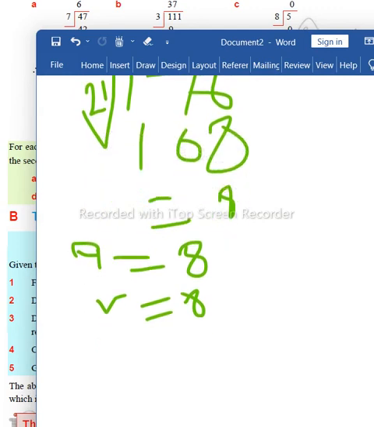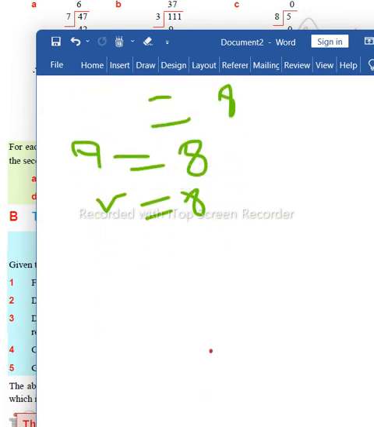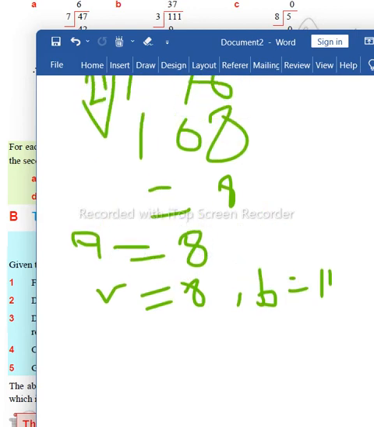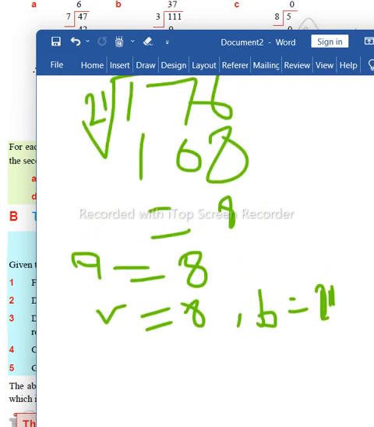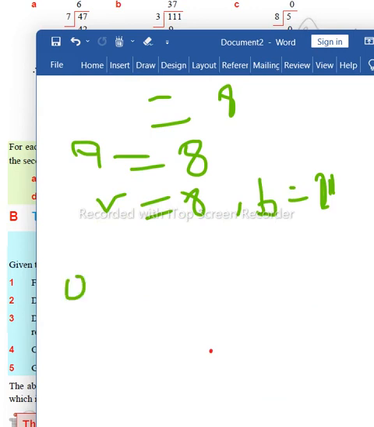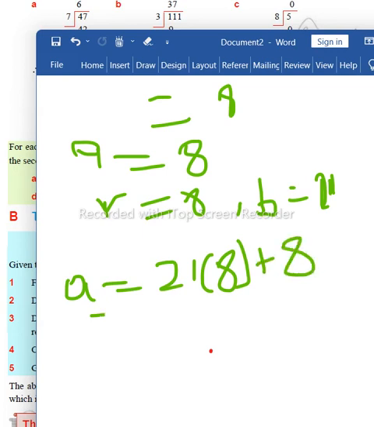Now we can write it in the form: b is 21, so a is equal to 21 times q, which is 8, plus r, which is 8. So this is the final answer for this question.